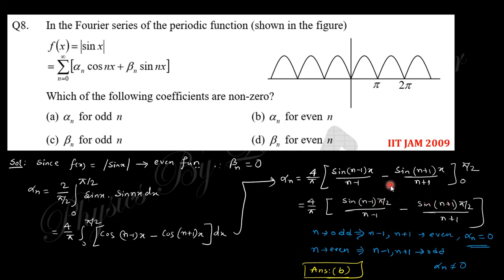Since these two are odd, and their separation is 2, that means one must be in that region, and another in that region. That means one is plus 1, another is minus 1. So these become non-zero. So when n is an even value, alpha n is not equal to 0, so the answer will be B. I think the concept here is clear.